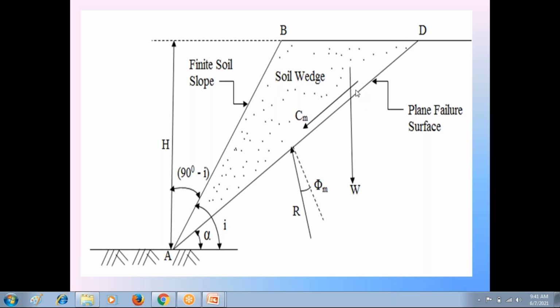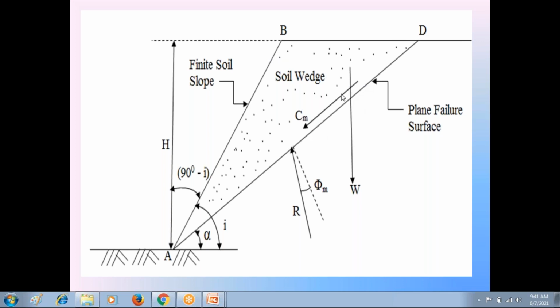So check this diagram, students. I explained the calculation of this weight W by calculating the area of this soil wedge, multiplying the unit weight with volume, you will get this weight. Then at the time of failure of the soil wedge, the soil wedge applies a tangential force Cm on the surface AD.